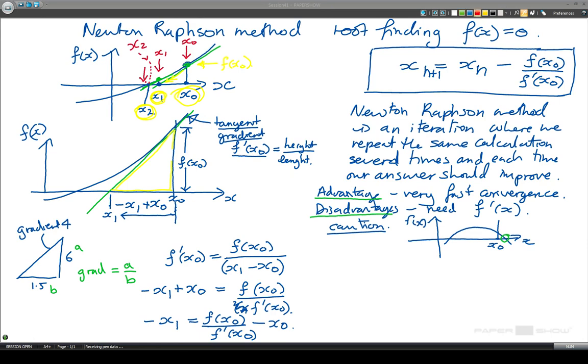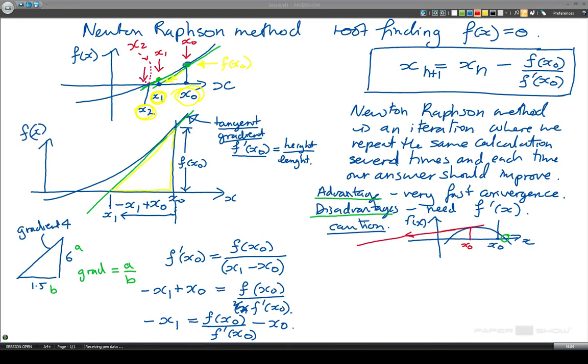But say if we were to start from an x0 here, then the gradient here is very shallow, and we will end up probably finding a gradient, but we will end up going a long way across.